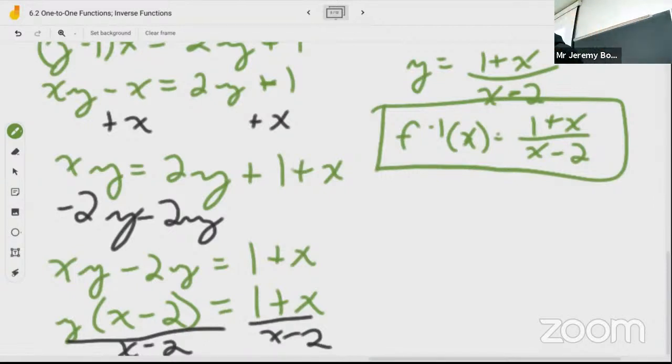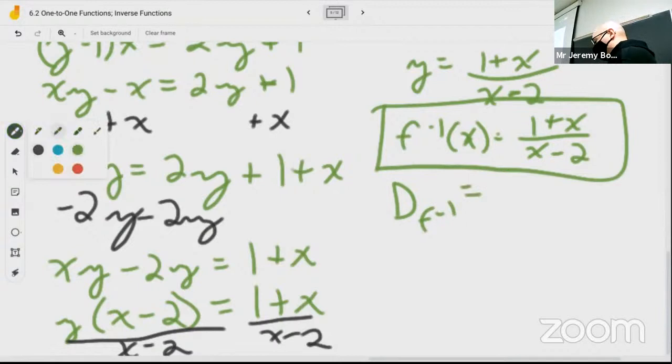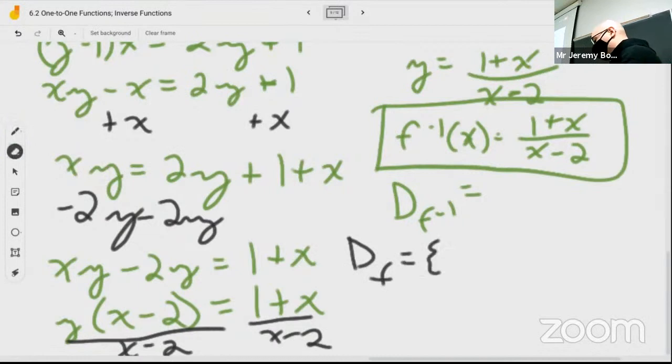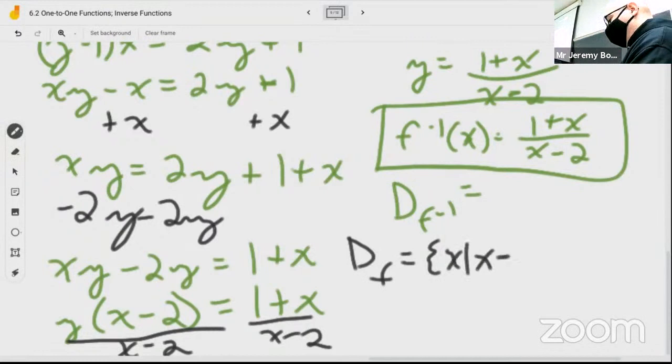All right. If I asked you, what is the domain of f inverse? Can you find me that? We already know the domain of f was, let's write it like that, x such that x can equal, I believe, 1, right?